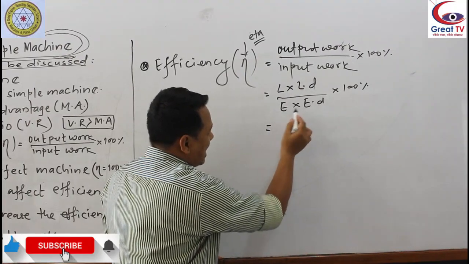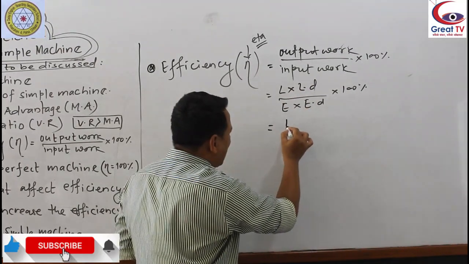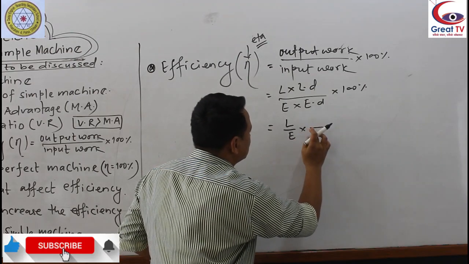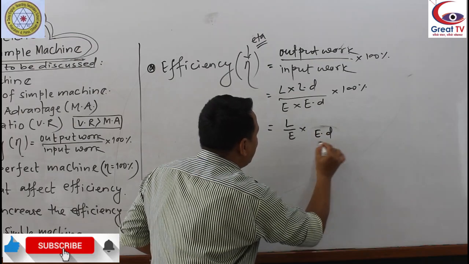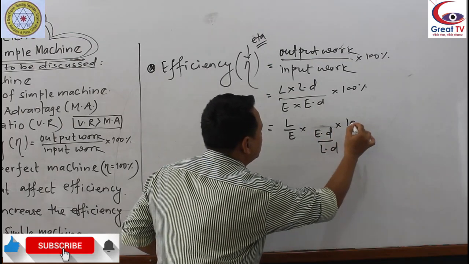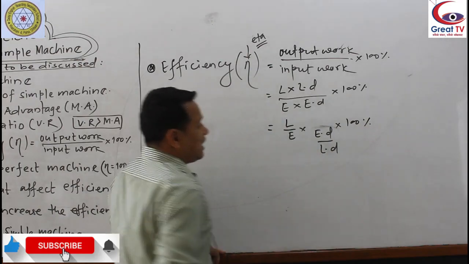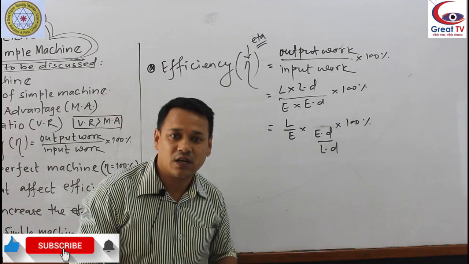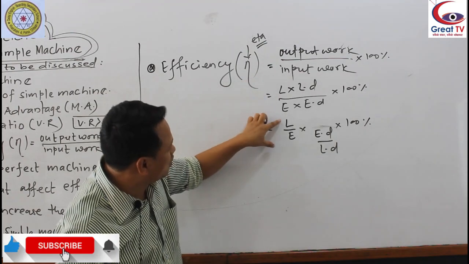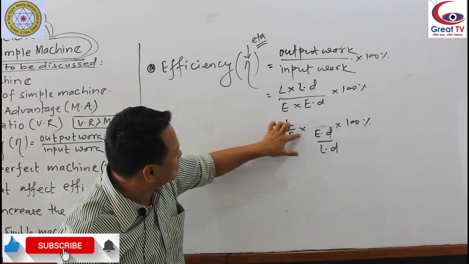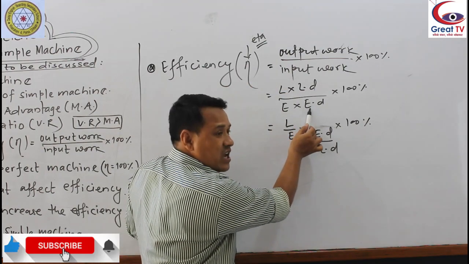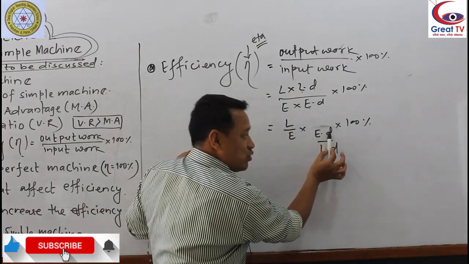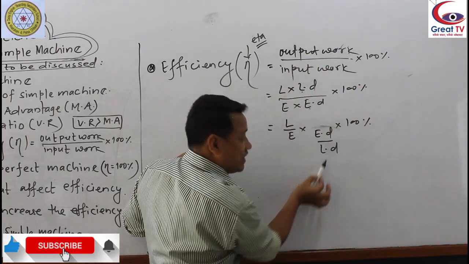Students, look here. Can we arrange these terms as L by E times ED by LD into 100%? What do you think? Load over effort as usual, and then ED in the denominator, LD in the numerator.